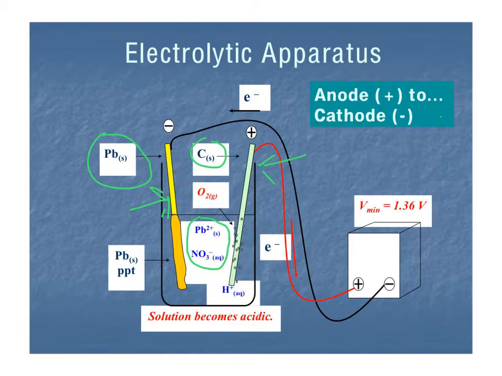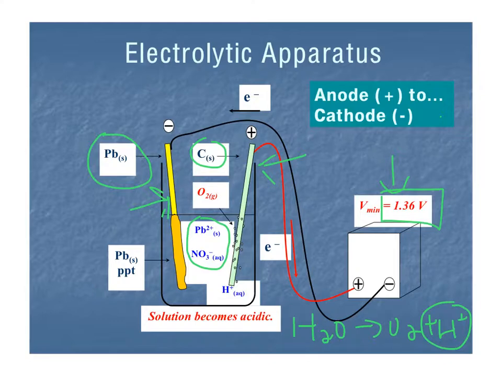However, we also require a power supply set to a minimum voltage of 1.36 volts to drive this electrolytic endothermic reaction. As water is oxidized into oxygen gas and hydrogen ions, we produce a lot of hydrogen ions over time.